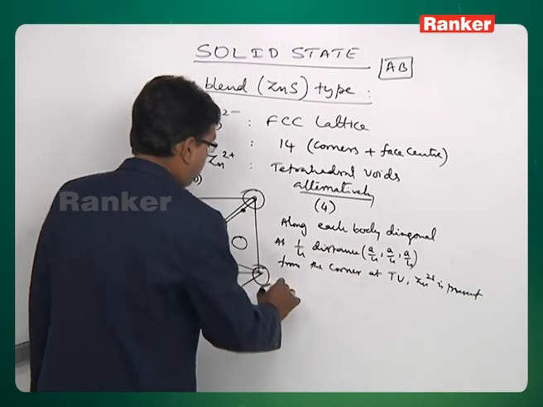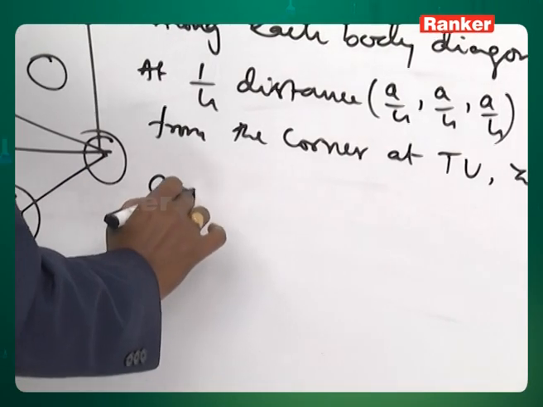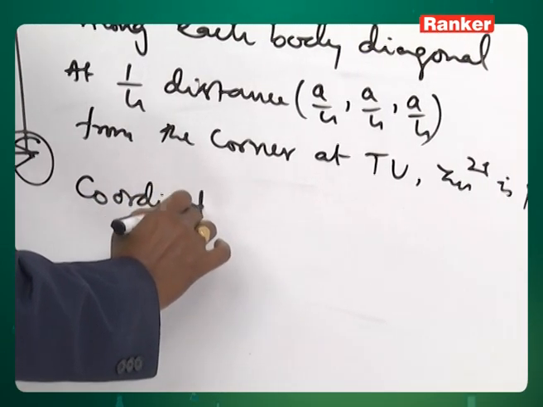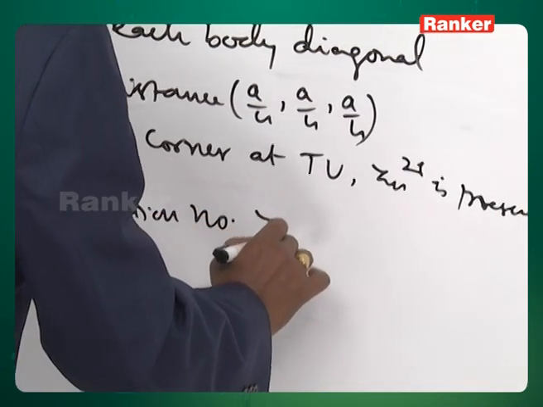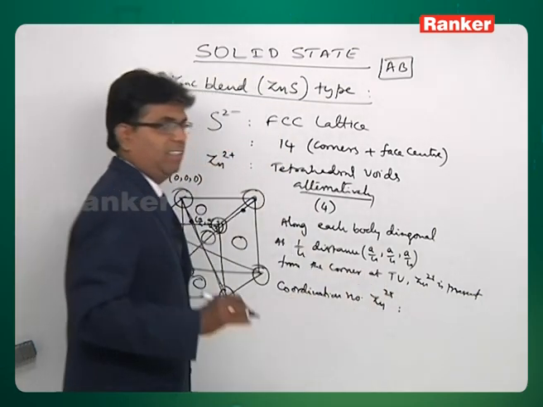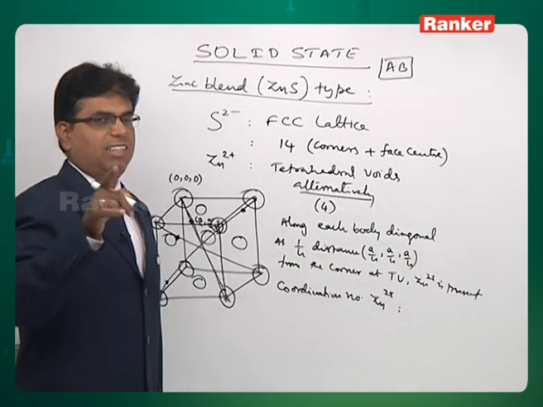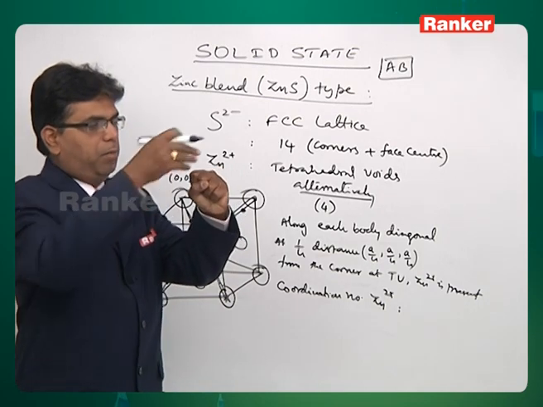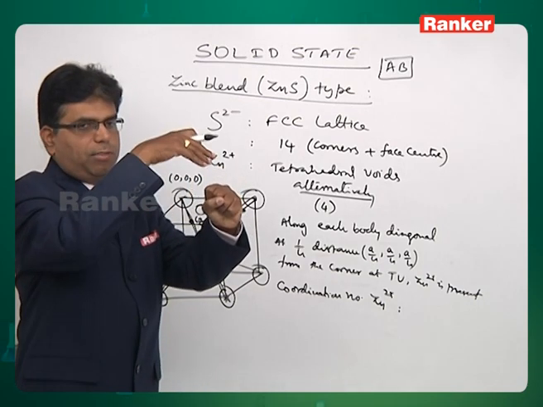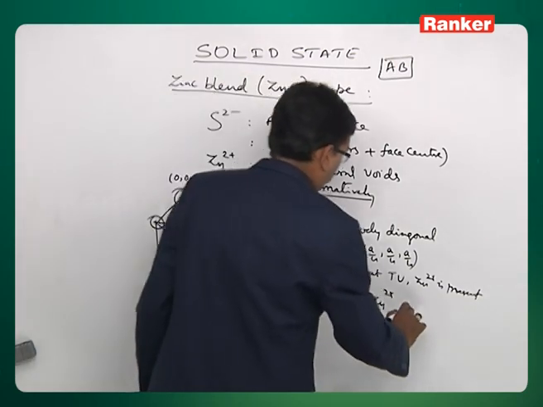So, here what happens? The coordination number for zinc ion is 4, because here the zinc ion is at the tetrahedral void. When a zinc ion is at the tetrahedral void, it means 4 sulfide ions surround it.